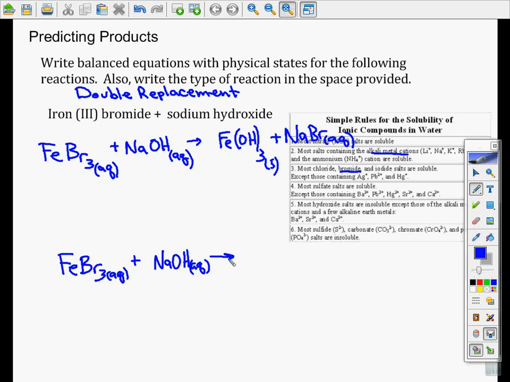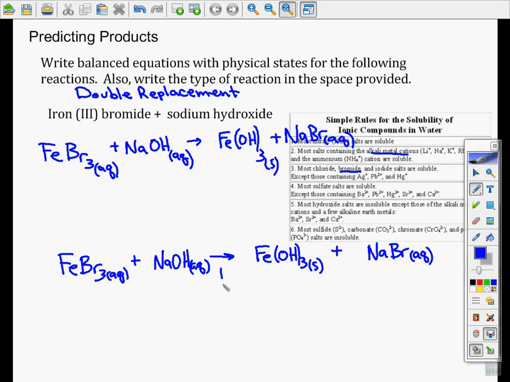And that yields iron 3 hydroxide, which is in fact a solid, plus my sodium bromide, which is and remains aqueous.